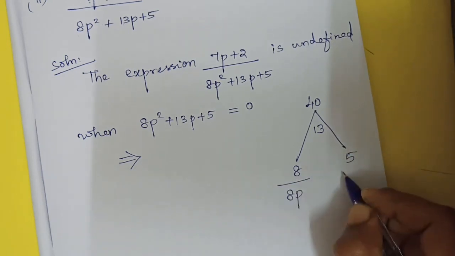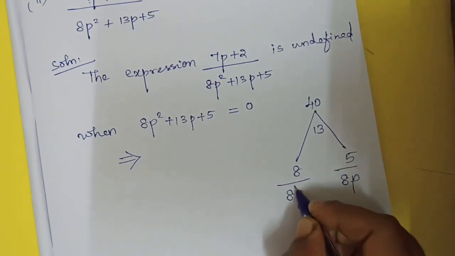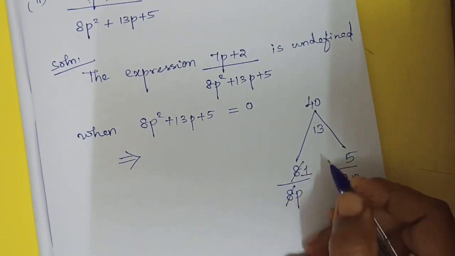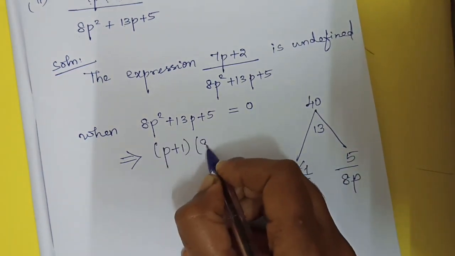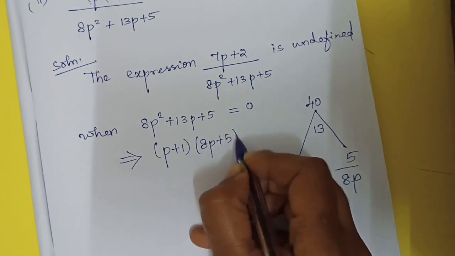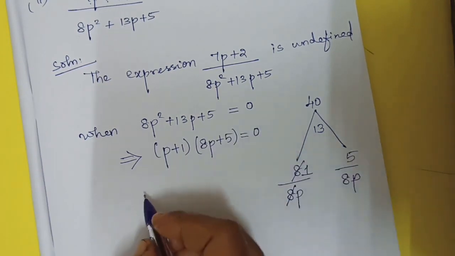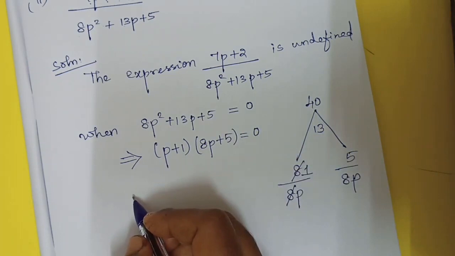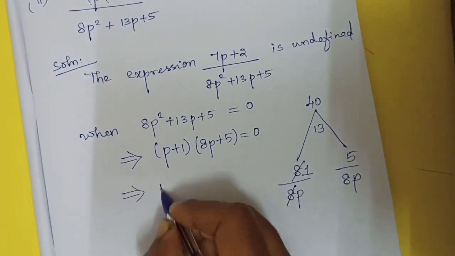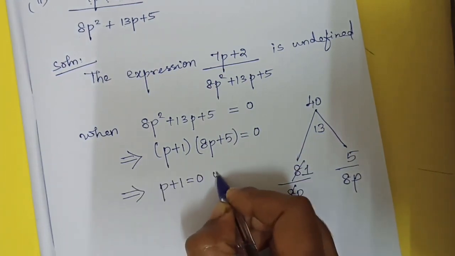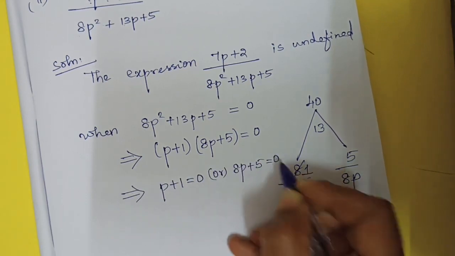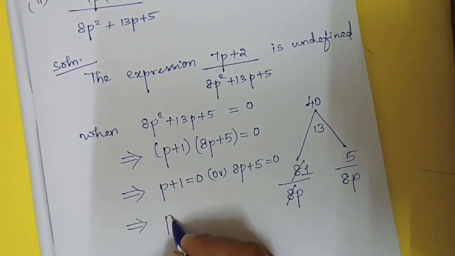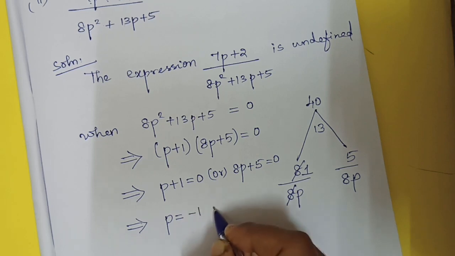Dividing by 8p, here also 8p. This term will cancel and here 1. So what are the factors? (p plus 1) into (8p plus 5) equal to 0. From this, what are the p values? Implies p plus 1 equal to 0 or 8p plus 5 equal to 0. So this implies p equal to minus 1.